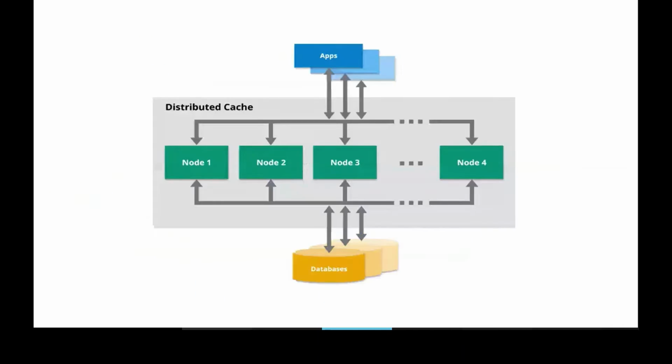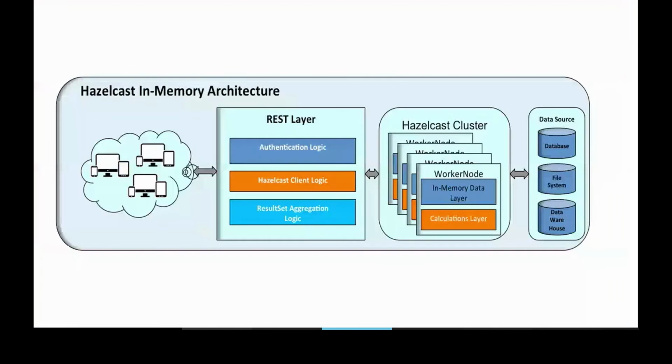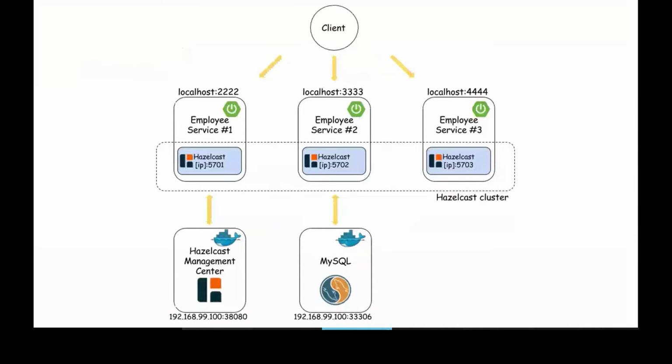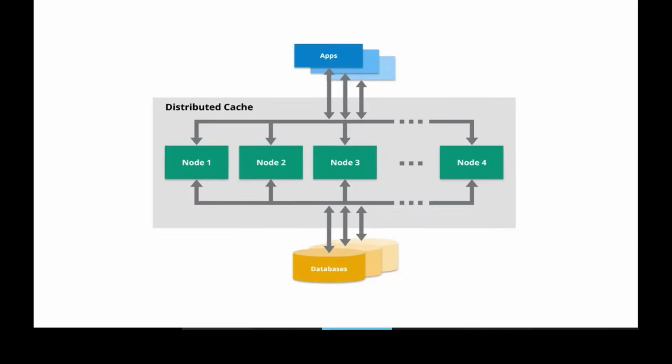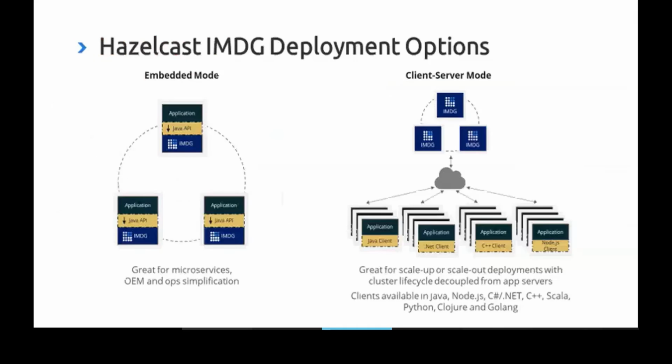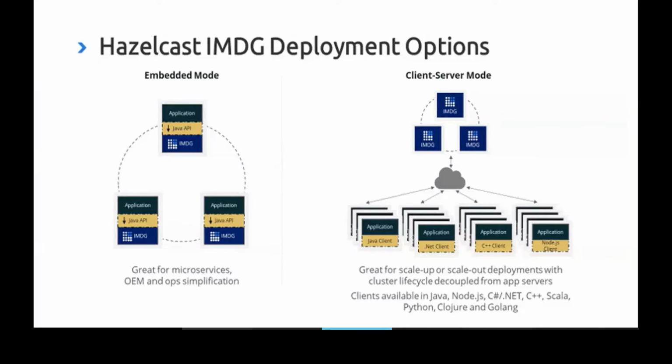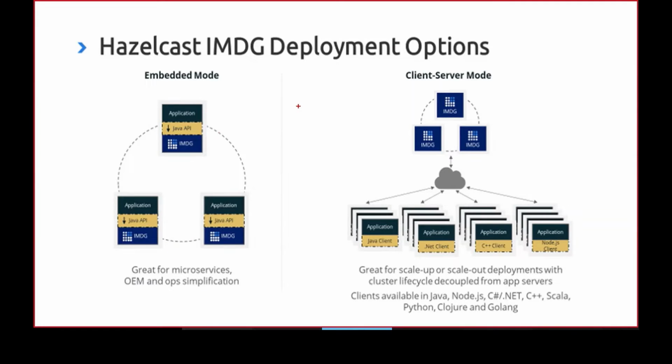So, two things. The first thing I have explained is the one where the cluster is outside the application layer, whereas in this, the cluster is built as part of your deployment itself. Every microservice is carrying the Hazelcast instance within it. That is what this picture depicts.